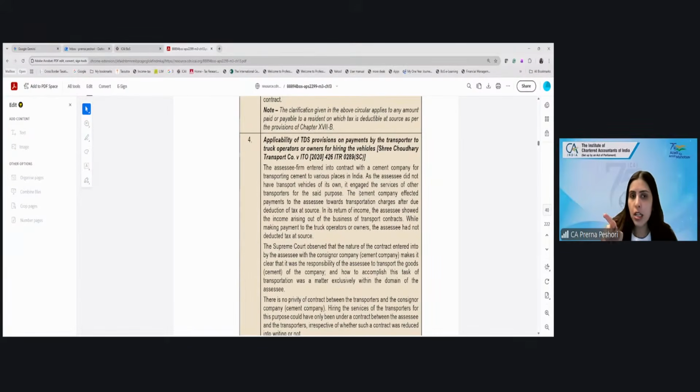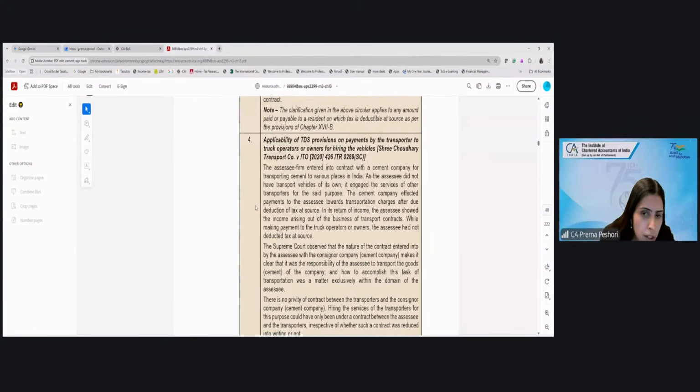And the cement company made the payments to the transporter after the deduction of TDS. And when the transporter made the payment to the truck operator, the transporter did not deduct the TDS.